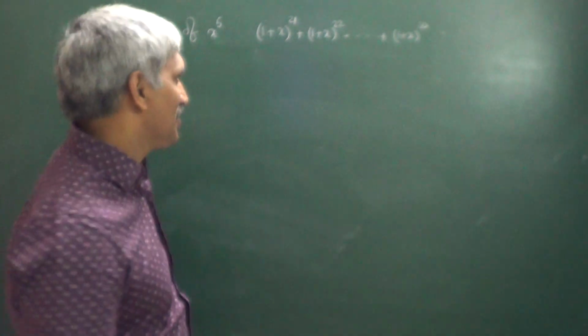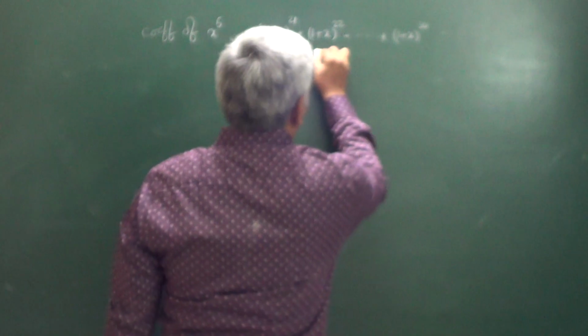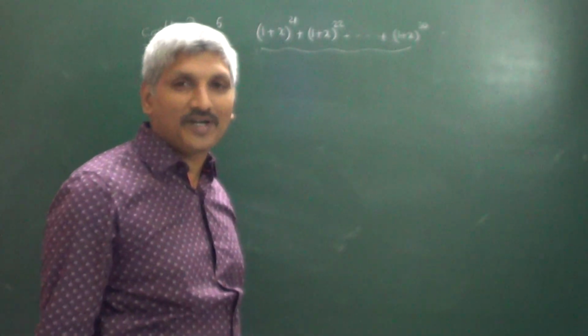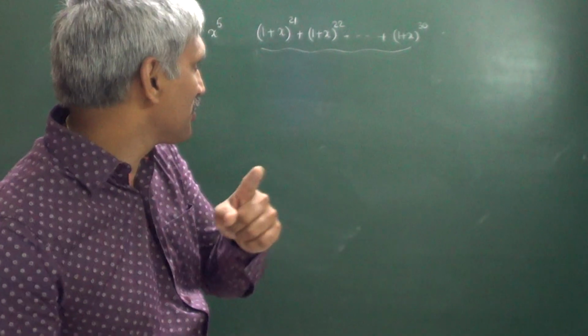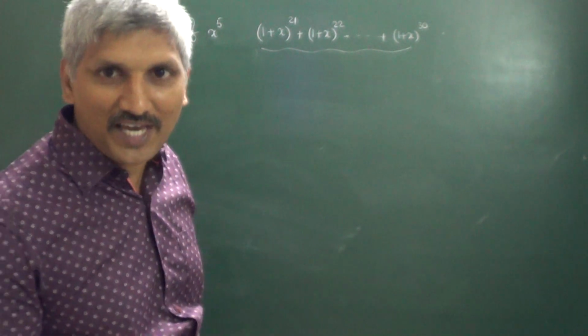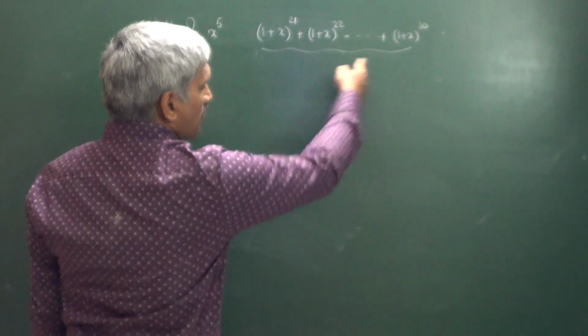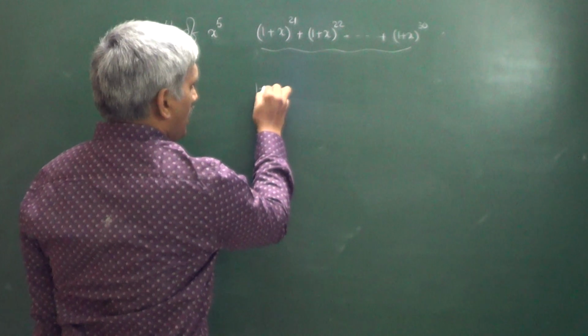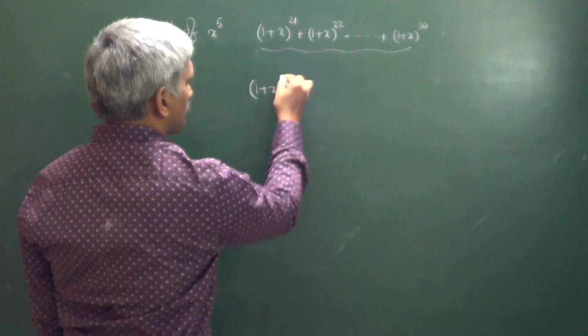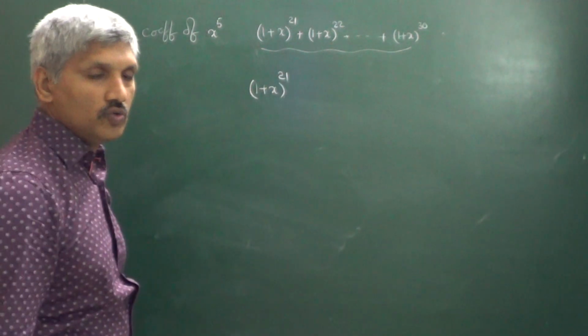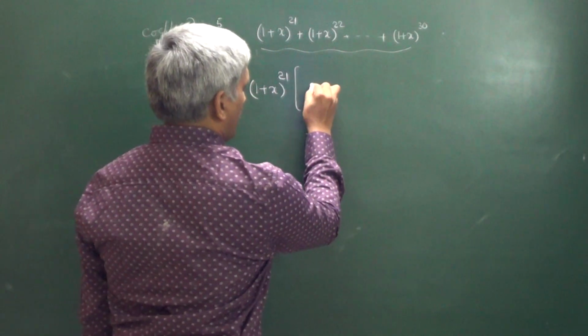10 terms. Now these 10 terms are in geometric progression with common ratio 1 + x. Sum of n terms of a GP is a(r^n - 1)/(r - 1). Total these are 10 terms, so (1 + x)^10 is r to the power of n.